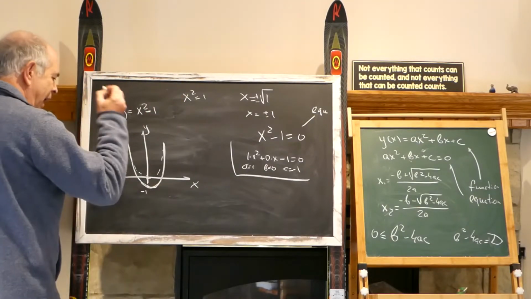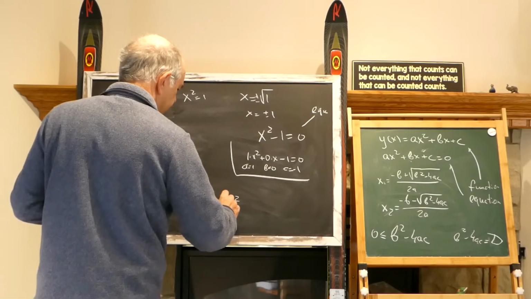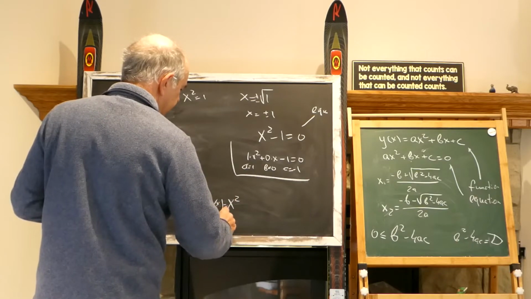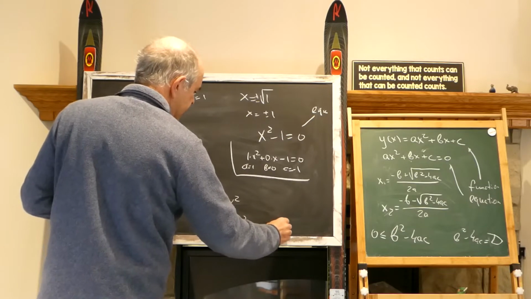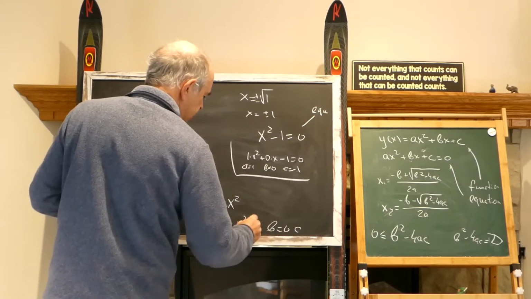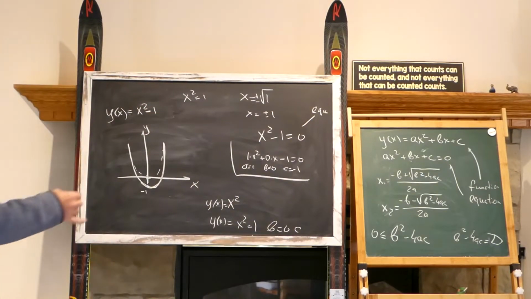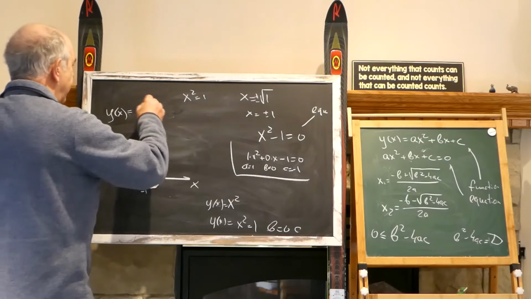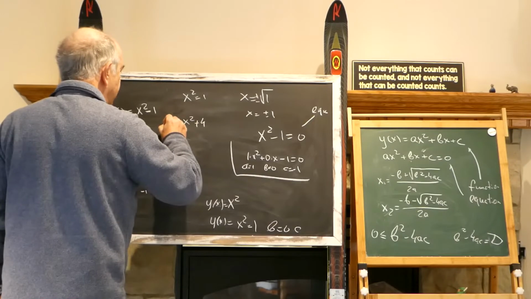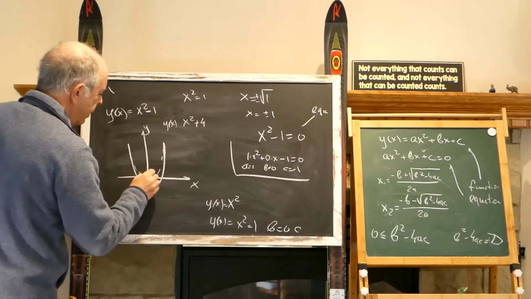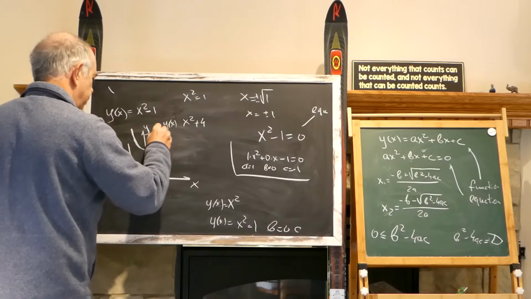If I know already how to draw the parabola x squared, then for a parabola where a is the same, b is 0, but c is not 0, it's minus 1, I shift it down. If I would write to draw a parabola x squared plus 4, then I have the original parabola and I have to move it up, and it would be this parabola.